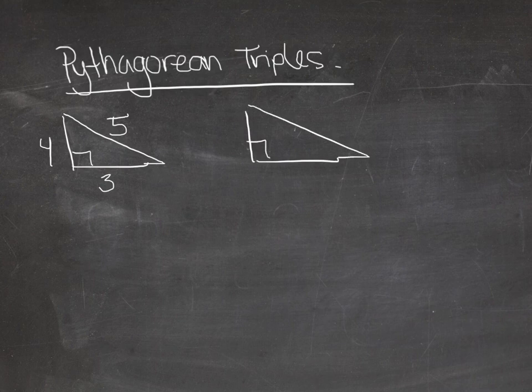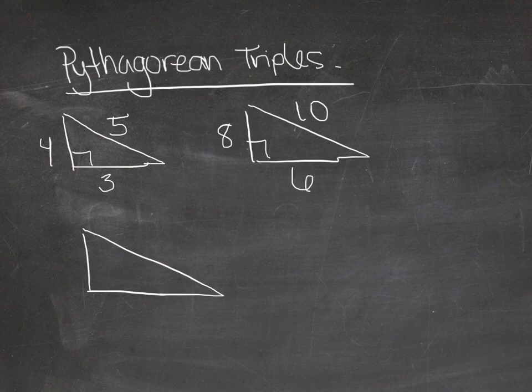Another one is 6, 8, 10. Another one that's useful as well is 5, 12, 13. There are more Pythagorean triples, but these are ones that appear often in many problems and word problems, and may help you to solve questions quicker.